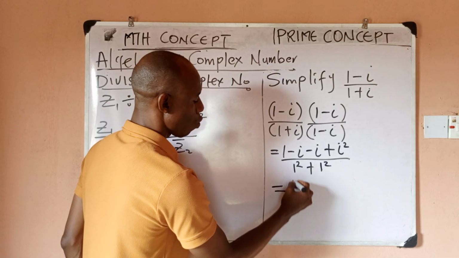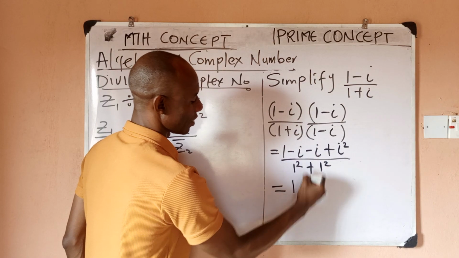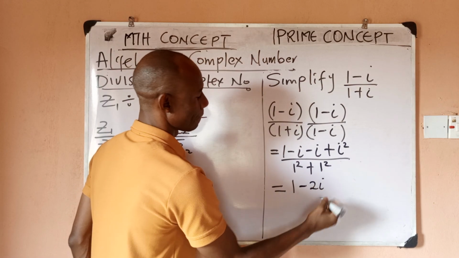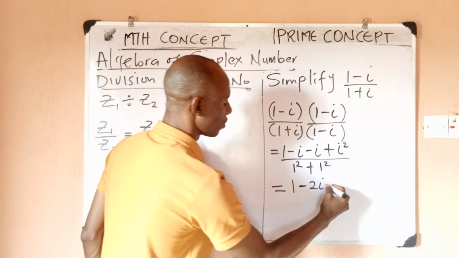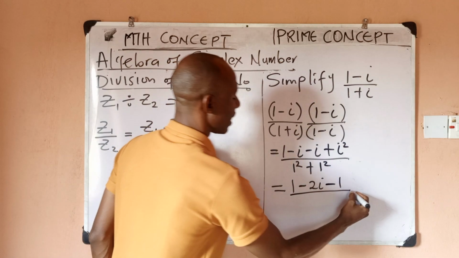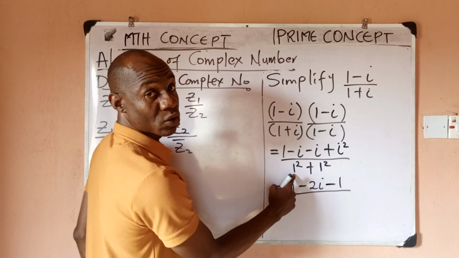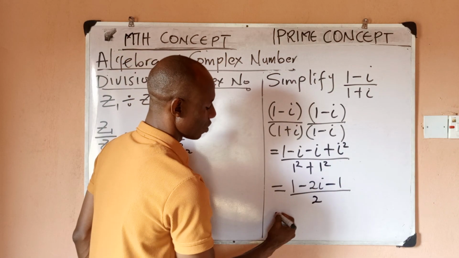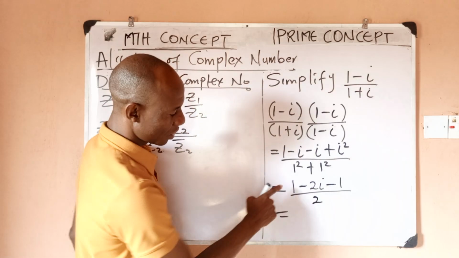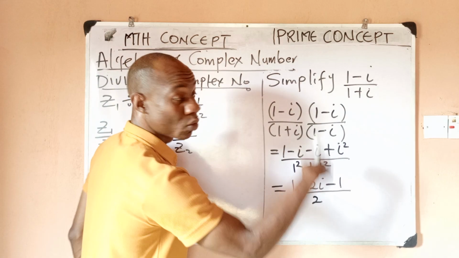So quickly, let's go. Now I have minus i minus i, which is minus 2i. Now what is i squared? i squared is minus 1, so I'll put minus 1, divided by 1 squared, which is 1, plus 1 squared, which is 1, so 1 plus 1 is 2. You would notice that 1 minus 1 would go.